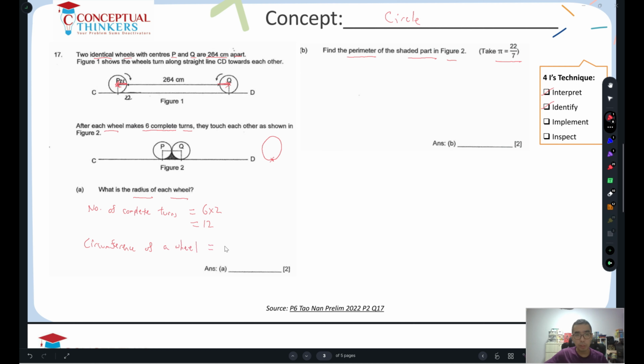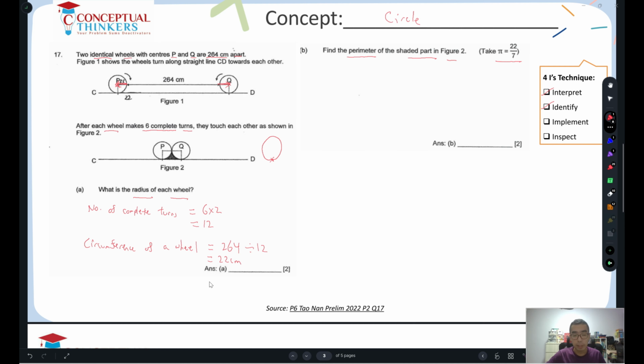So you take 264, which is the distance traveled by the 2 wheels until they meet, then we divide it by 12. We can press with our calculator: 264 divided by 12. You're going to get 22 cm. Now this is the circumference of 1 circle.